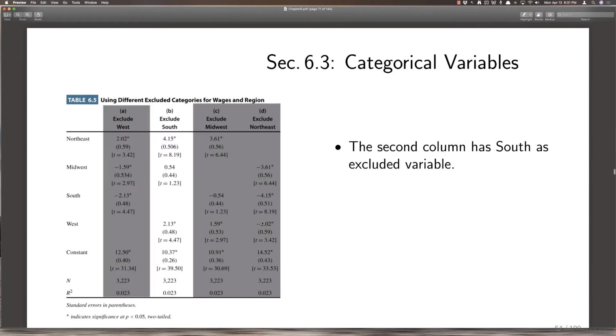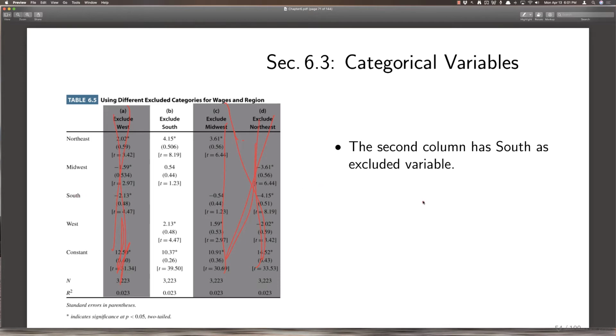All right, so what if I now run a different version of the model? Again, for now, just ignore all this stuff. We're just focusing on running the regression with South as the excluded category. So this is the regression where wages sub i equals beta 0 hat plus beta 1 Northeast, beta 2 Midwest, beta 3 West.